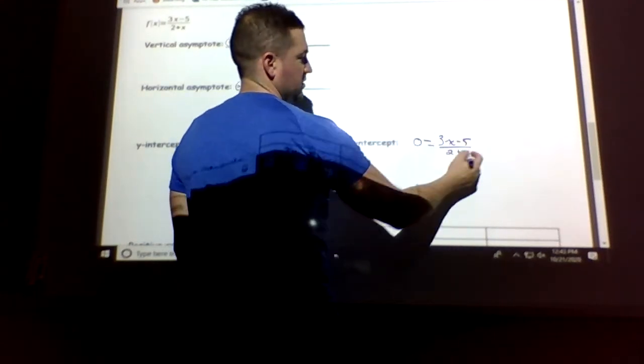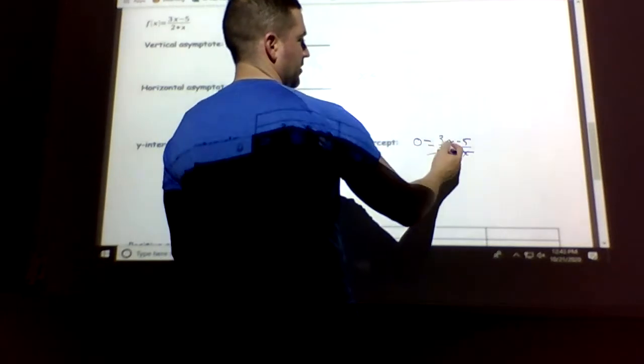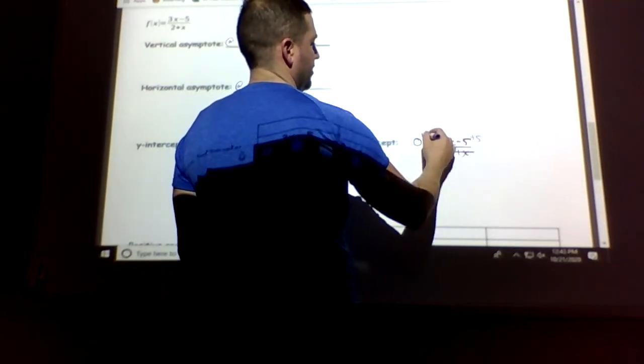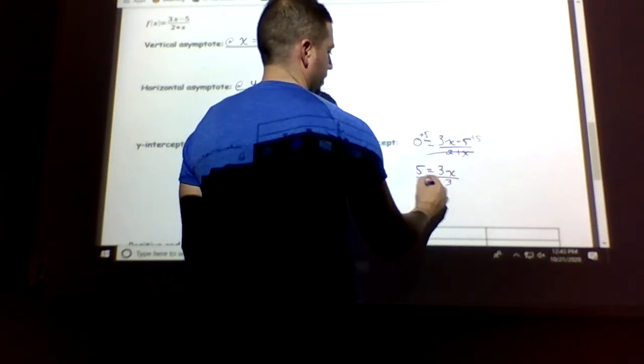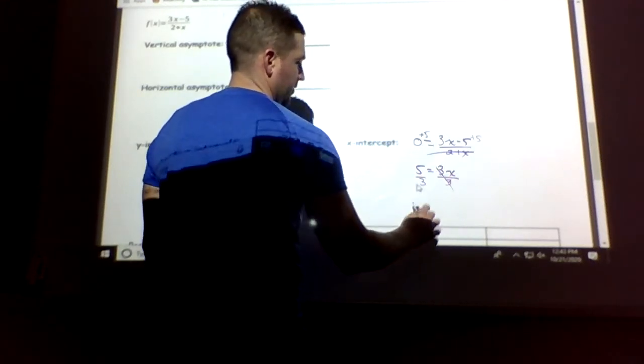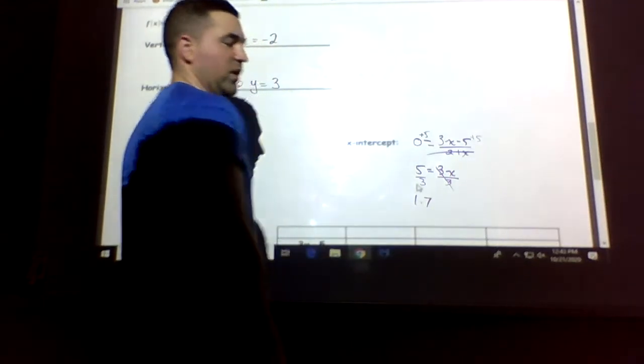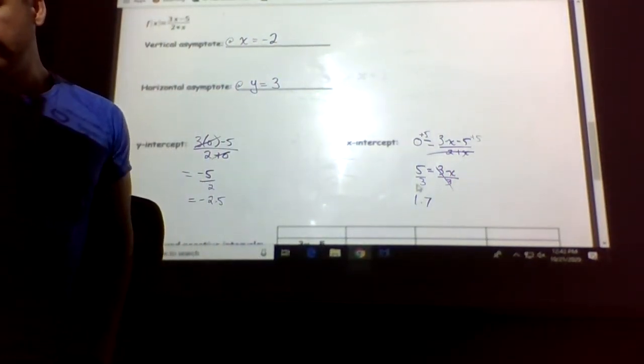Cross multiply, this crosses off. So we get 3x minus 5, add 5 on each side. And then divide by 3. So you get 1.7 or 1.6666 repeating.